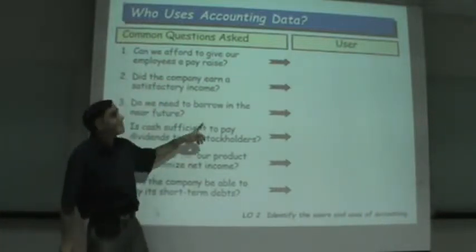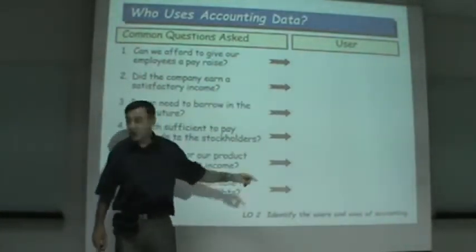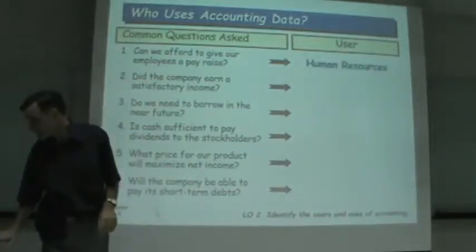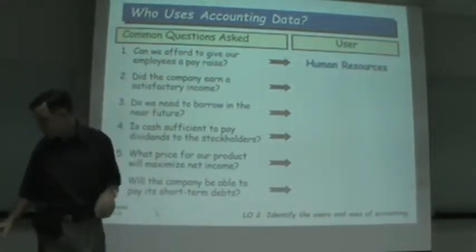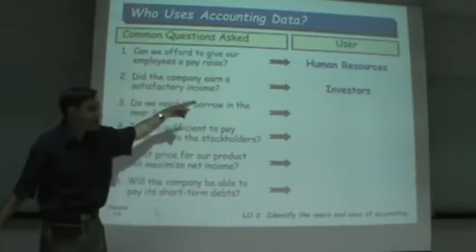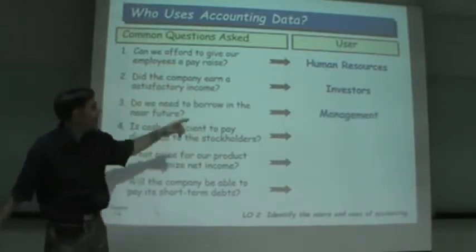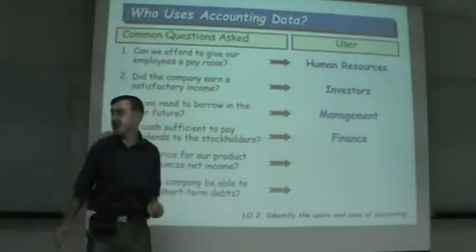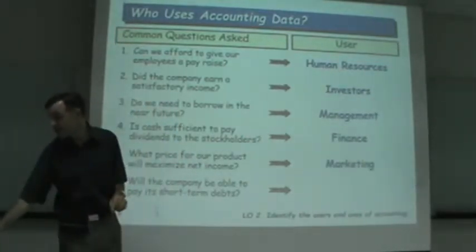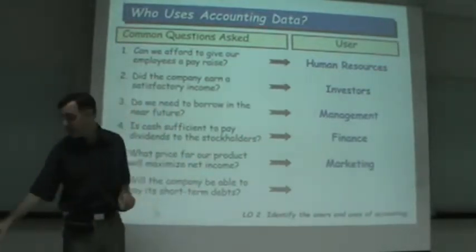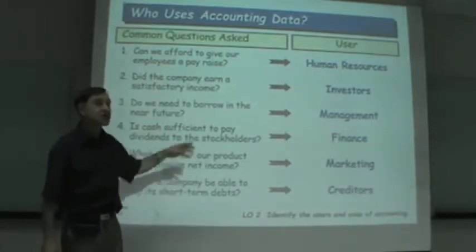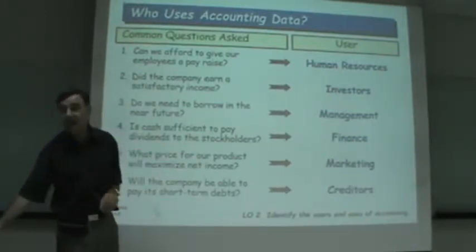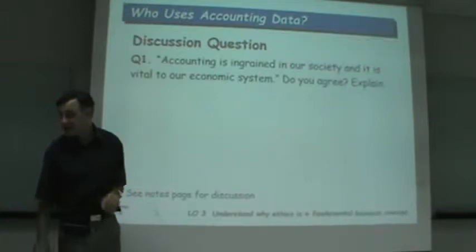And they will now give you some users over here. Human resources and investors I already explained, and management I did, the finance department, the marketing department, and creditors. So I already explained all of this stuff.